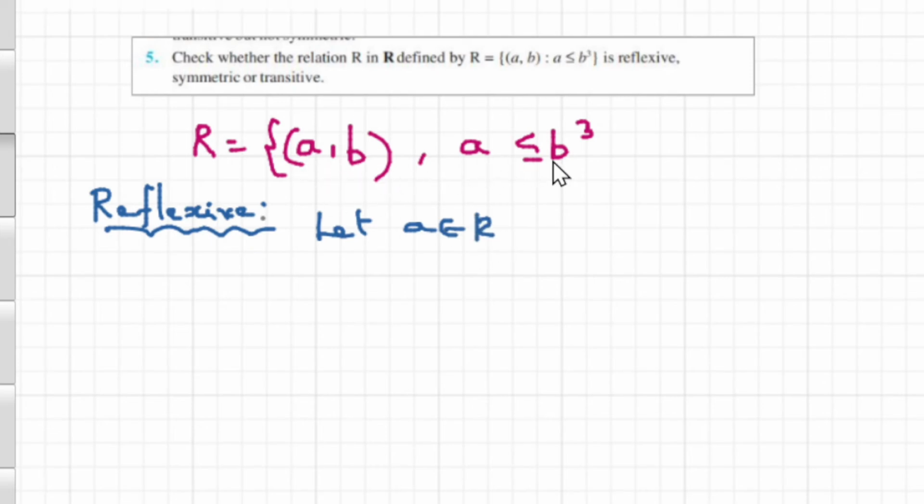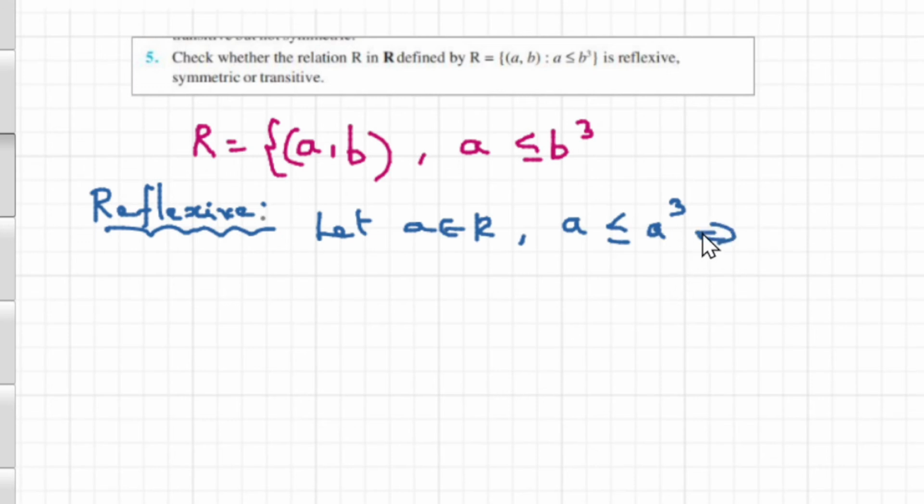That means b is replaced by a, so that we have a less than or equal to a cube.